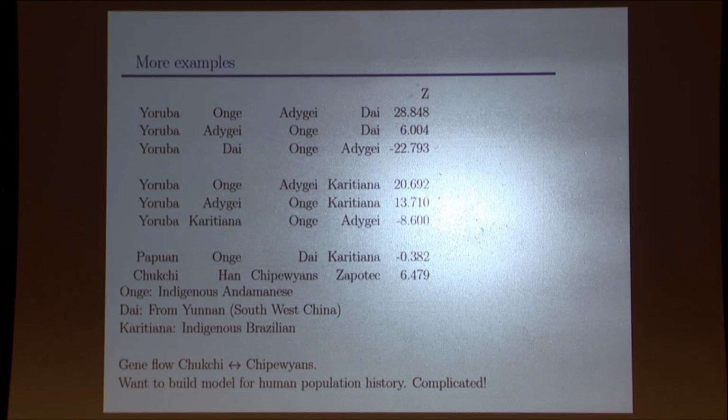Ojibwe are an indigenous population from Canada, and Zapotec are from Mexico. And what this is reflecting, we believe, is back migration from the Americas into the Eurasian mainland. We believe that the Chukchi have picked up genetics from the Americas probably in the last 1,000 years. Human genetics is complicated. You get gene flow in all kinds of directions.